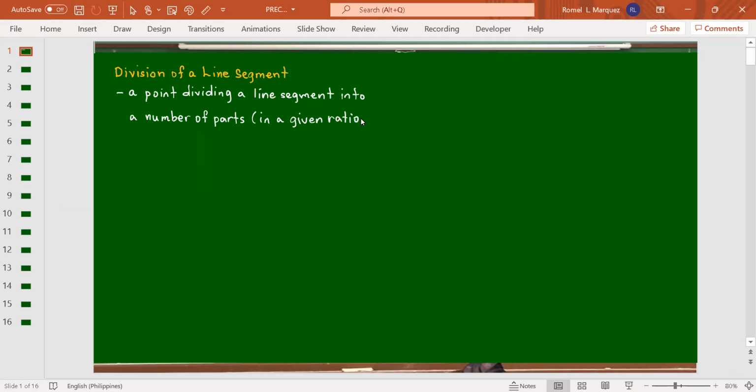Okay, guys? So that's what we mean by point of division. Points of division can be internal, can be external.